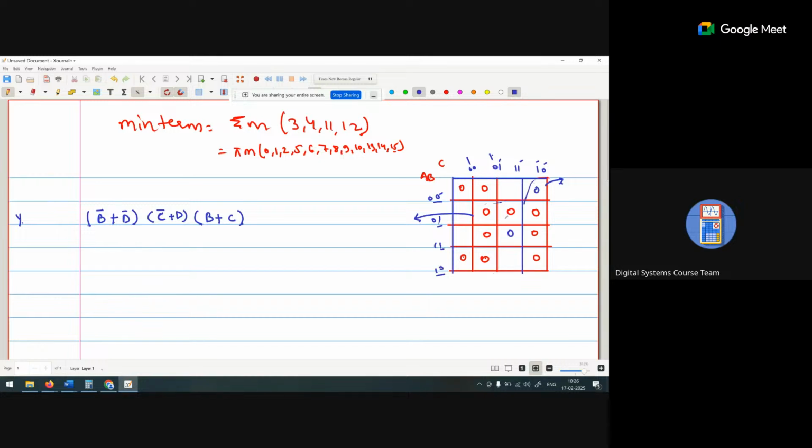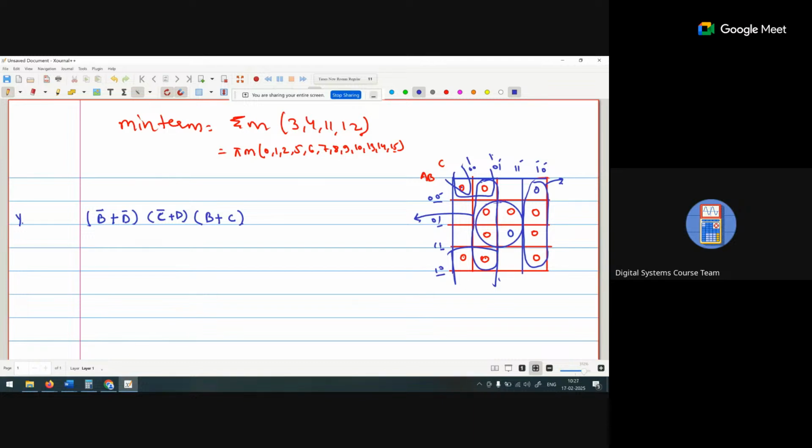If you want to create this group, this is the one group. If you want to create this group, this is the second group. Now again two min terms remain here, and two min terms remain here. So for these two you have to create a group of this one, and for this one you have to create a group of this one. Then we can create corner groups also, if these corner cases are left. So how many groups are there in that scenario? Four groups, no? Yes, sir.